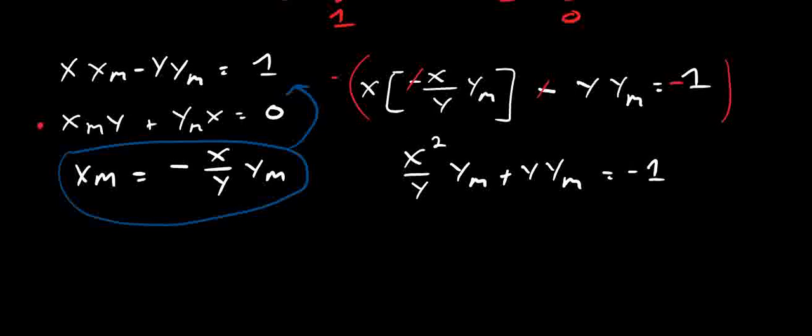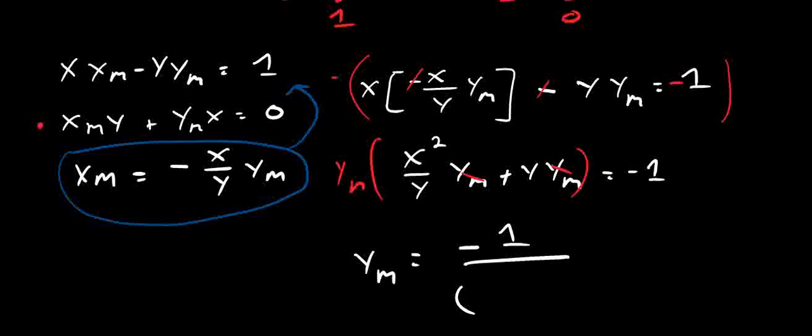And right here, I am going to factor a ym out of this left-hand side and divide by whatever is left over. And I see that ym is going to equal minus 1 divided by x squared divided by y plus y.